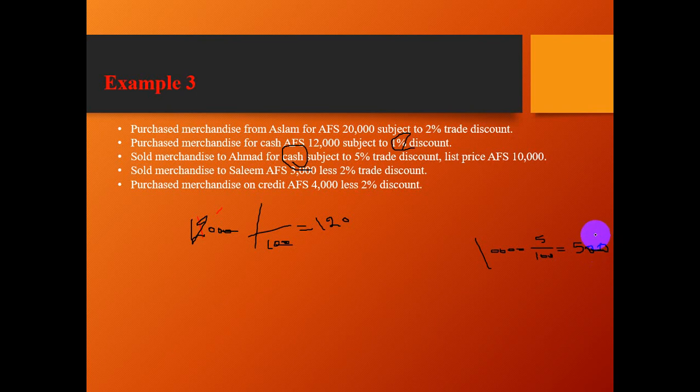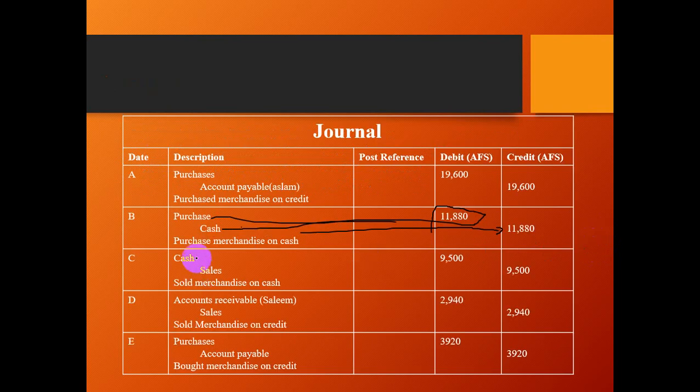So 10,000 minus 500 is 9,500. Since it's a trade discount, we are not recording that 500. So what is the cash? 9,500 to sales. Cash is an asset increase, because I'm selling something, so the asset is increasing: 10,000 minus 500, 9,500. On the other hand, I am selling for 9,500.